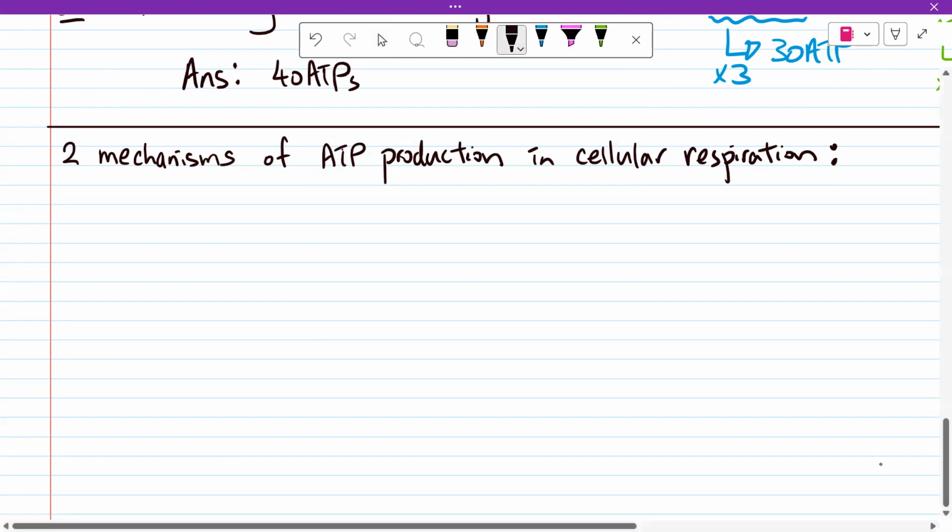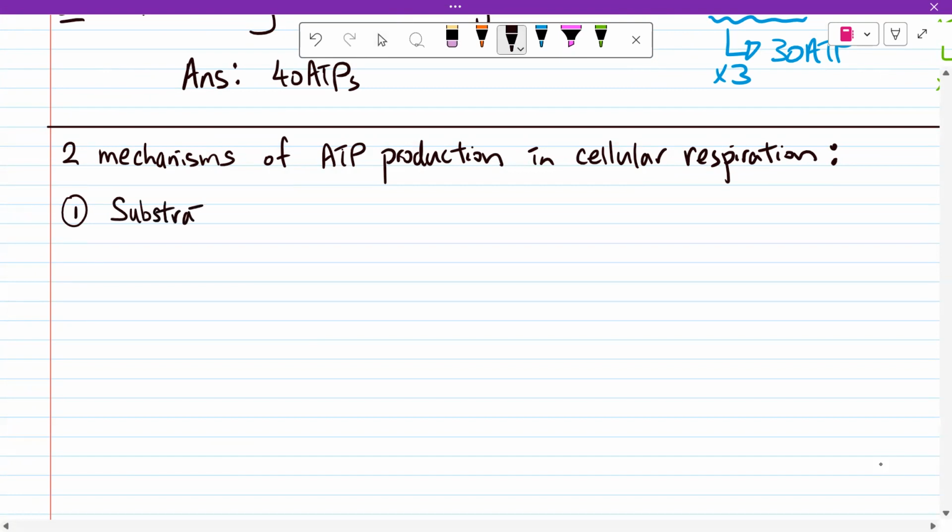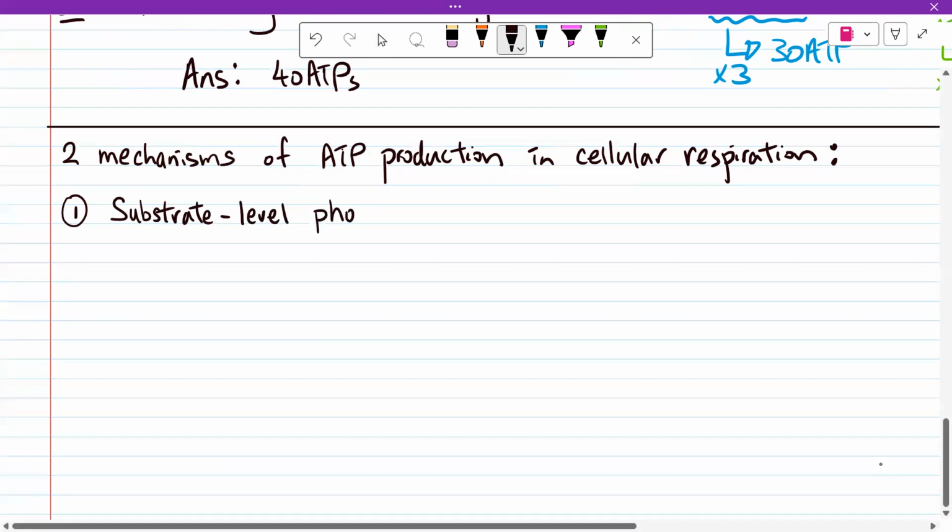All right, number one, the name is super long, but I'll explain what that means. The first one is called substrate level phosphorylation. Okay, that's a big, scary looking word. We'll just call it SLP for short.